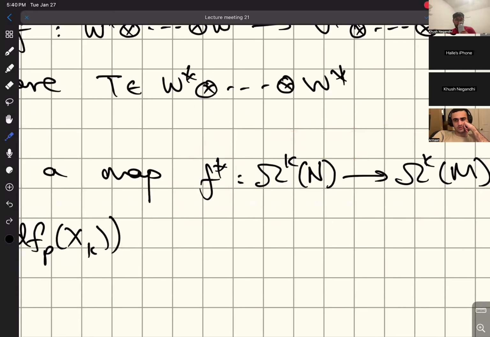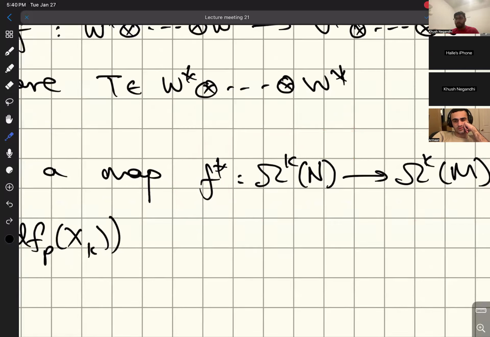Maybe it would help to say what the pullback is. The question is about the structure of F star.